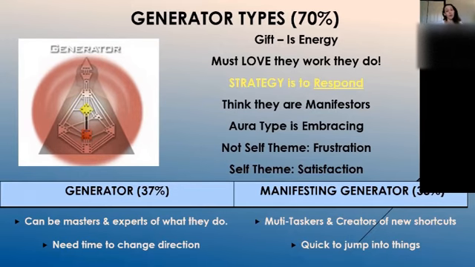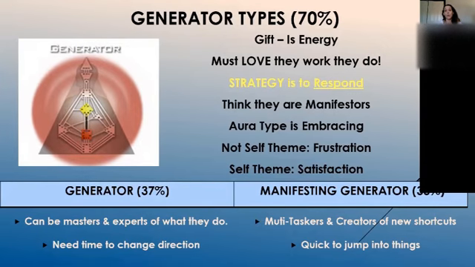And sometimes to the outside world, it may seem to others that a generator is a little bit slower or takes a little longer to get started. The reason for this is that a generator needs to make sure, first of all, that what they're agreeing to is right for them, because once they agree, they really do commit themselves to what they're doing. They are in it for the long haul.